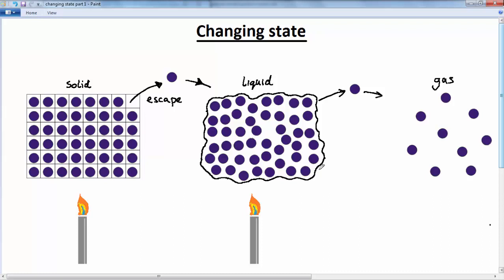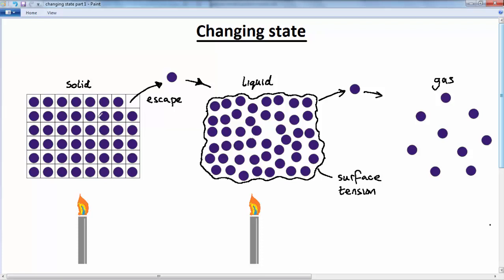Again, the surface tension is what holds the liquid together, and as we continue heating this liquid, more and more particles will acquire the energy required to break through the surface into the gas state. When the substance is in the gas state, there are large distances between the particles, and the forces of interaction are very, very weak, and the particles are effectively free. So we can say that the prisoners have broken free.